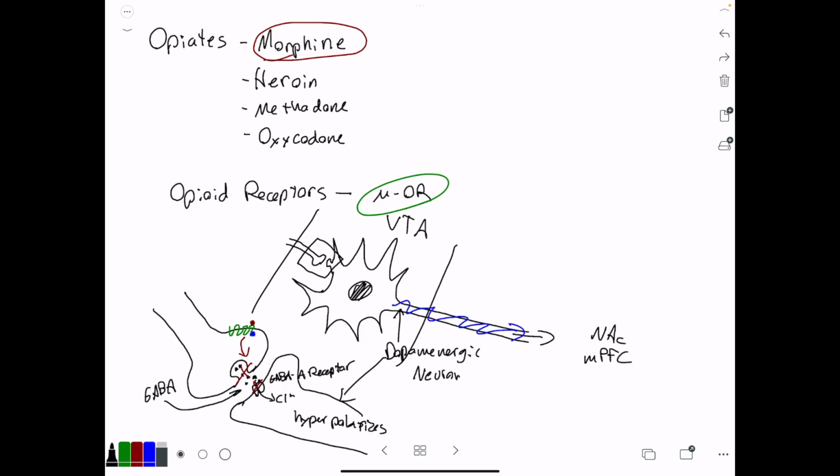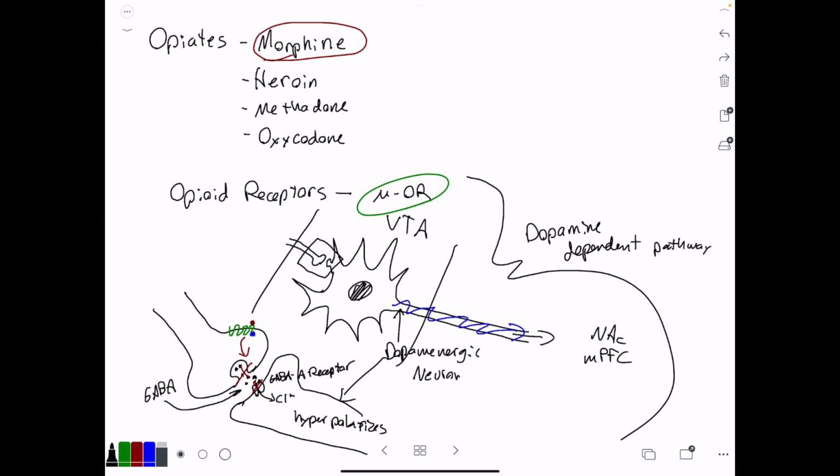And so what I described here, it's kind of all over the place, right? This whole process here is what we would call, in the context of opioids, the dopamine dependent pathway for addiction.